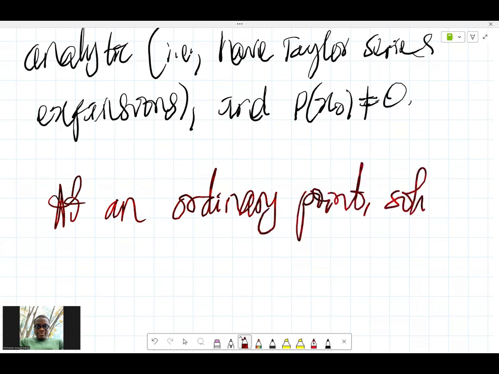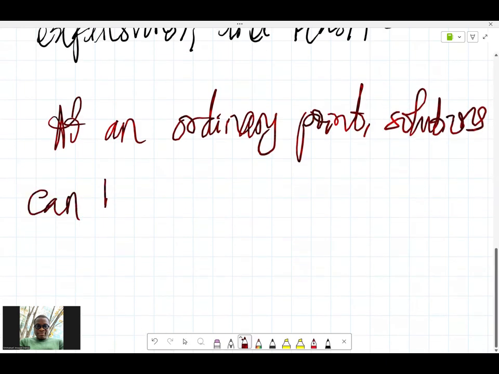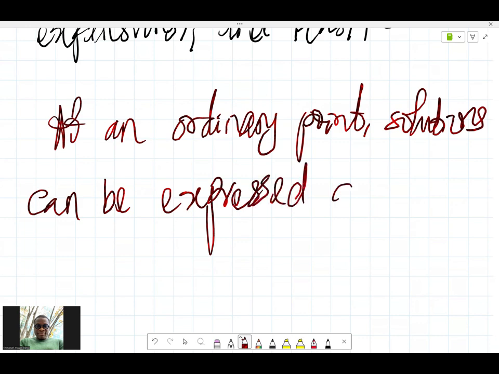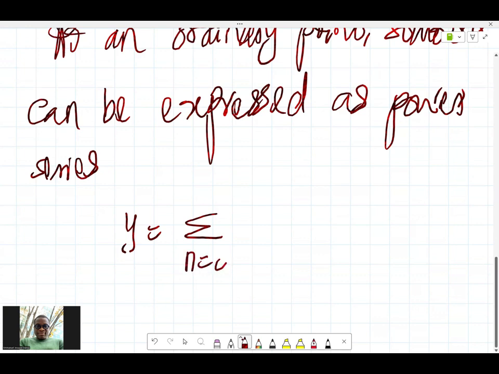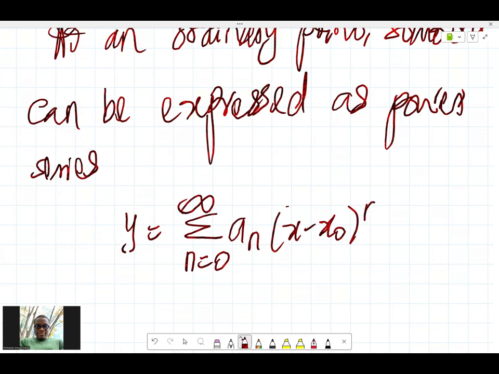solutions can be expressed as power series. We have seen this already; we did detailed work on this. So power series, summation from n equals 0 to infinity of a_n times x minus x naught raised to power n.